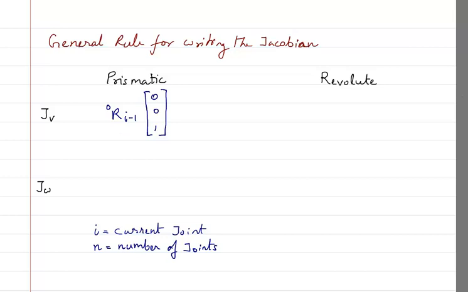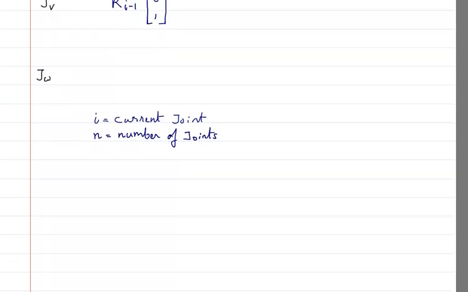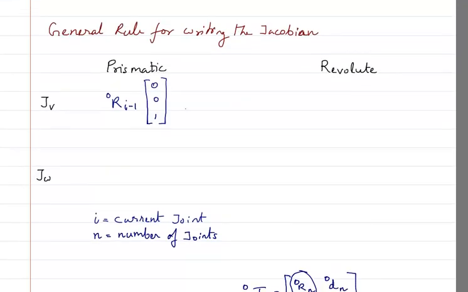I had already taught that any transformation matrix between 0 and n can be written as the rotation matrix 0 Rn, a position matrix 0 dn, with scaling factors of 0 and 1. Out of this, one part is the 3 by 3 rotation matrix, and that is what is here.